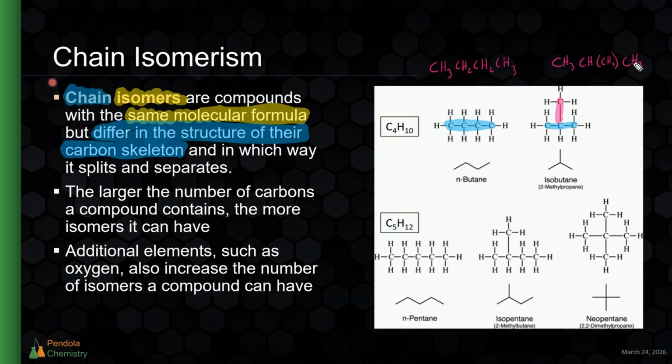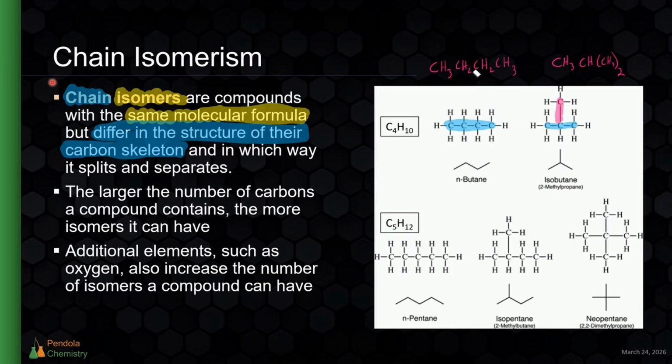Or another way to draw this, because we have 2 CH3s here, is that we could just say CH, CH3 twice. And we will get rid of this CH3 here. And that's because we have 2 CH3s coming out of this carbon right here. That's just another way of drawing the structural formula. Both of them are correct. You could do either or.